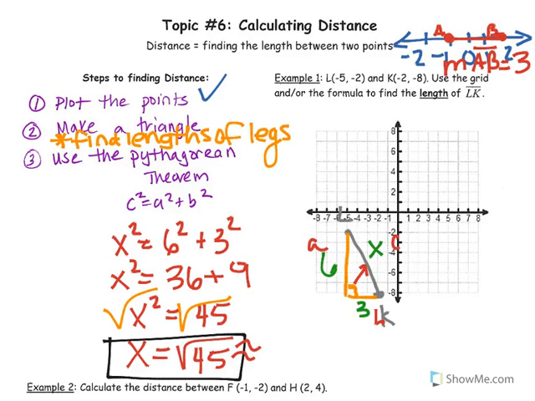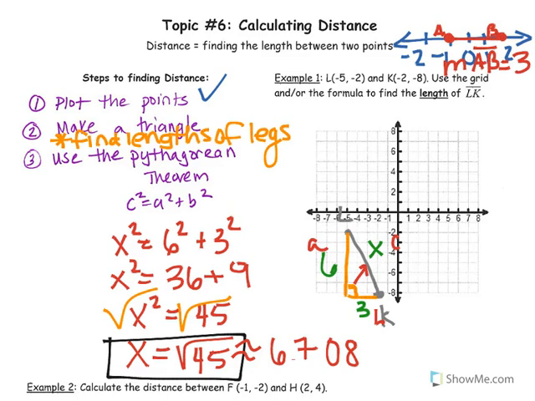I'm going to use a calculator, and I'm going to say that the square root of 45 is about 6.708. And that gray line clearly looks like the longest side, right? And so it makes sense that this is the biggest number we got. It's bigger than 3 and it's bigger than 6, okay? But that is our distance, all right?